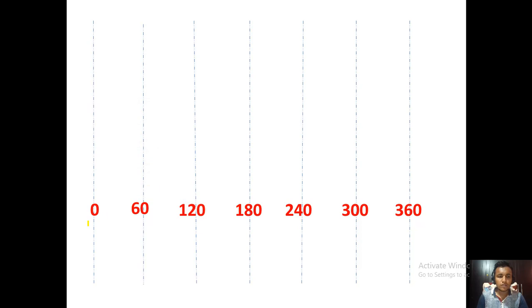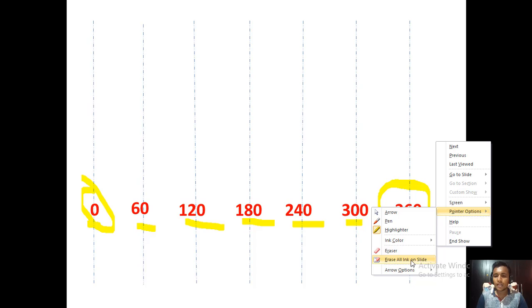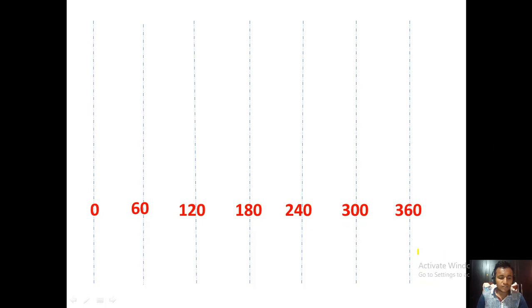We have drawn 0, 60, 120, 180, 240, 300 and 360. Means we have used 0 to 360, a whole cycle, 0 to 2 pi. In the whole cycle we have drawn the waveforms. Each thyristor is operated after every 60 degrees and remains on for 180 degrees, because this is the 180-degree mode of conduction.